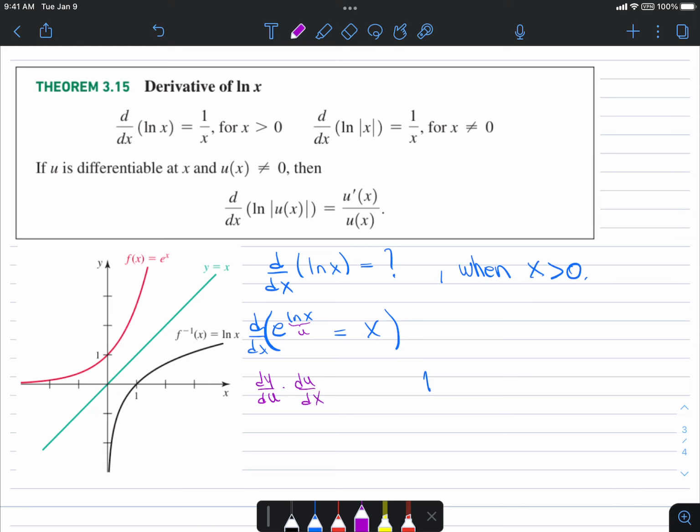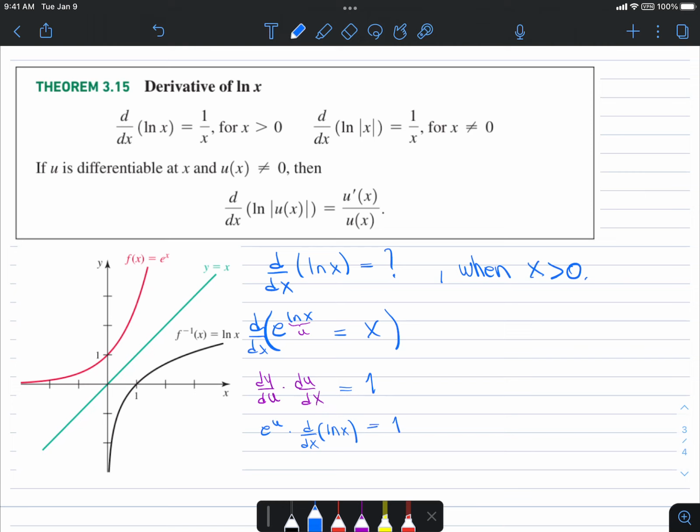So that's the chain rule. So what's dy du? I'm deriving e to the u. That's just e to the u. And du dx is the derivative of ln x, which is exactly what I want to know.